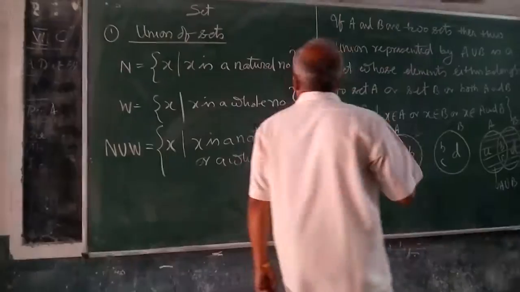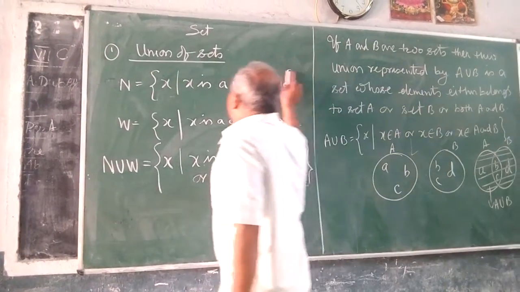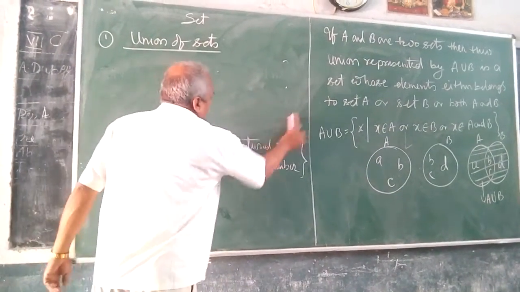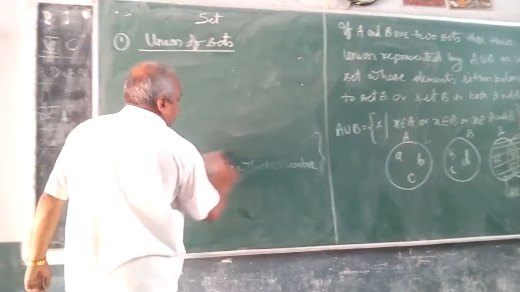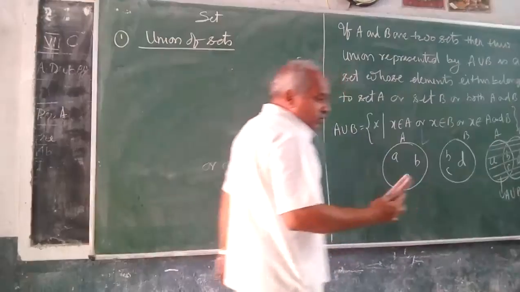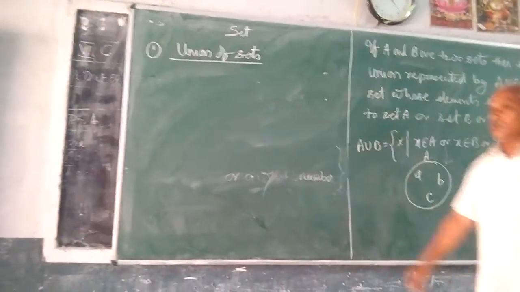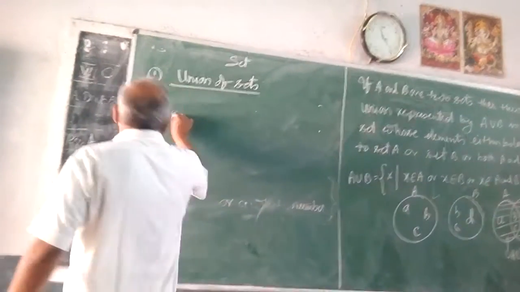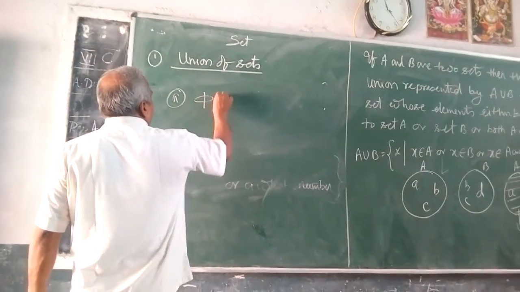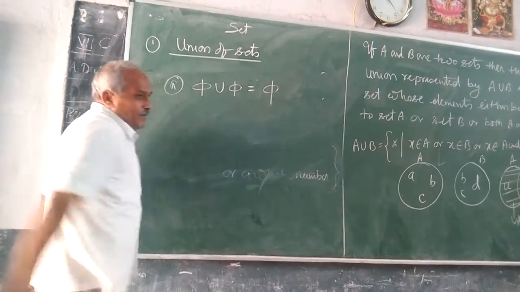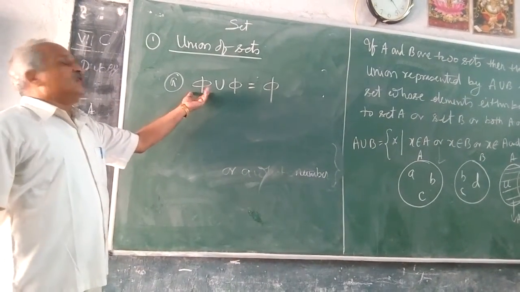Okay. Now, regarding the union of two sets, there are some findings, some rules. Those rules you can see here. Suppose I write phi union phi. Phi means it is a set which has no element.